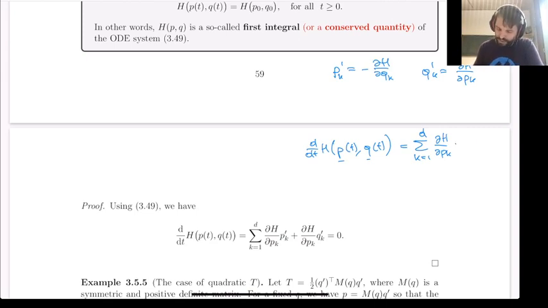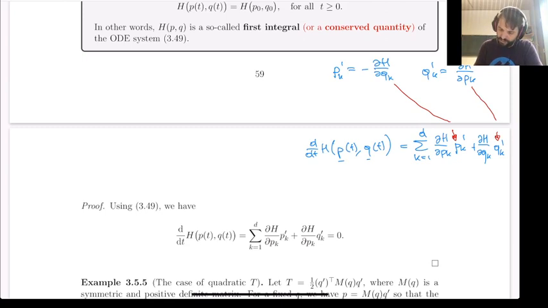And then for the second one, I get plus dH by dqk times qk dash. And now I'm substituting here this one, and I'm substituting this one here, and then I get a minus from the first one, a plus from the other one, and so each of the terms cancels.